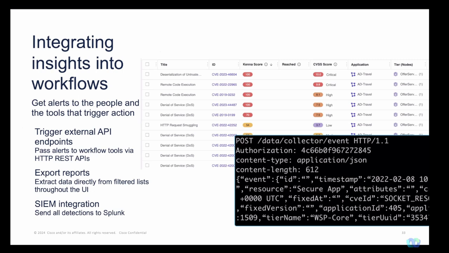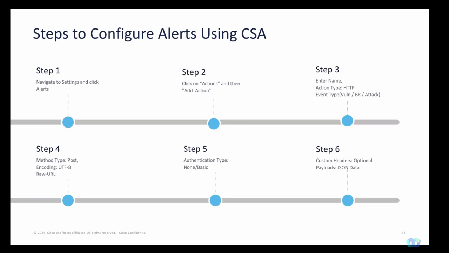And I mentioned how you would go about integrating with any HTTP endpoint. These steps are pretty simple, and I'll see whether we have time for running through this in the demo, though this is typically meant for the advanced session. Basically, you just need to go to the alert screen, click on the actions, and type HTTP. Then choose what type of event you want, whether you want a vulnerability event, business risk event, or an attack event.